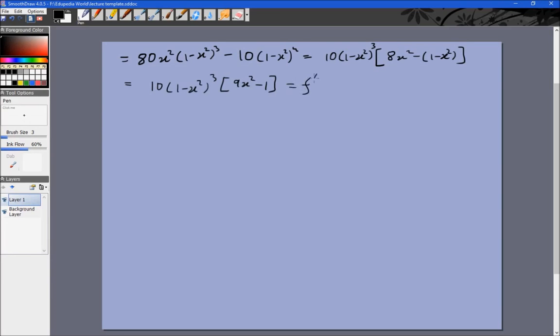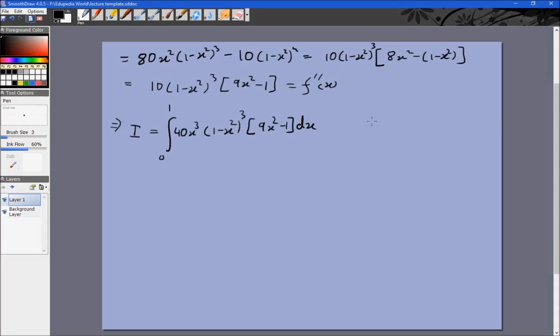So this is a somewhat simplified version of f double dash x, which means the integral is the integral from 0 to 1, 4x cube into this, so 40x cube (1 minus x squared) whole cube (9x squared minus 1) dx.